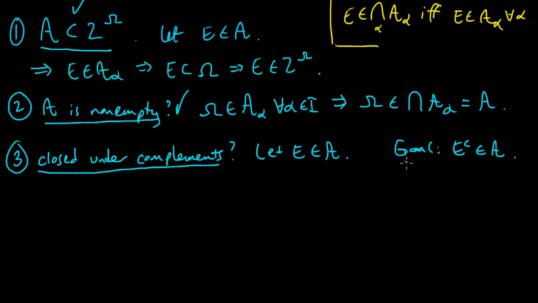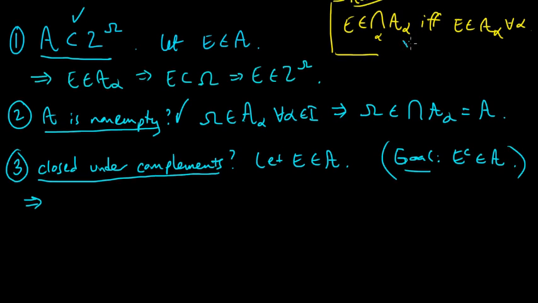So E is in A implies, by the definition of this intersection, which is A for us, and I'm assuming if and only if means this implies this and this implies this, so just get that out of the way, that E is in each of these. So E is in A alpha for all alpha. And each of these is a sigma algebra.